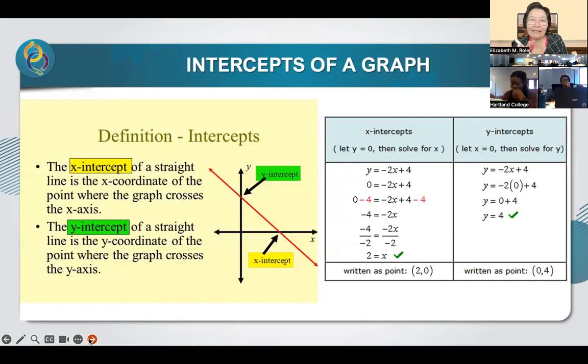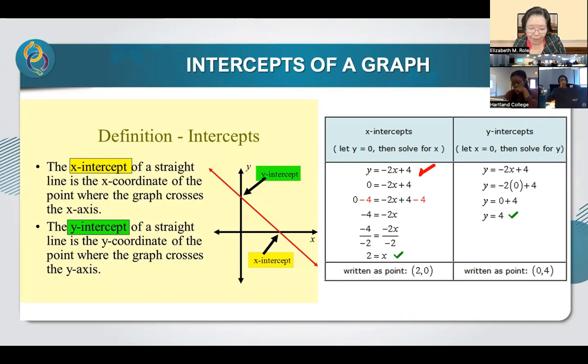Right. So now I think I showed this last meeting, and we have the definition of intercept, the x-intercept as well as the y-intercept. So to solve for the x-intercept, we just set y equal to 0. So for the equation y is equal to 2x minus 4, put 0 instead of y, and solve for x.